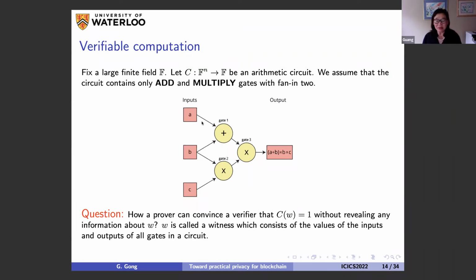Basically you stretch your program or algorithm into the circuit.